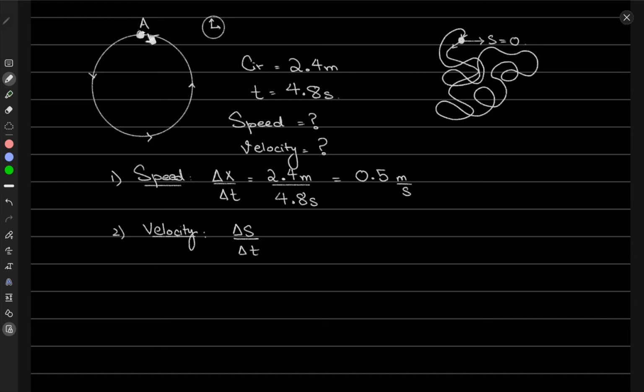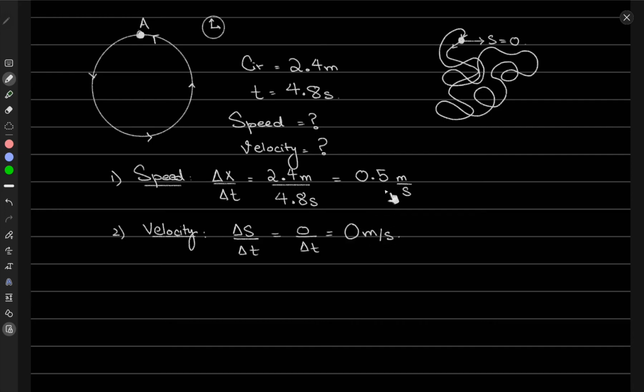Which means similarly in this case where we have this track, the displacement vector will be 0, and hence this is just 0 divided by delta t, which doesn't matter because this will give you 0 meters per second. So the average velocity is 0.